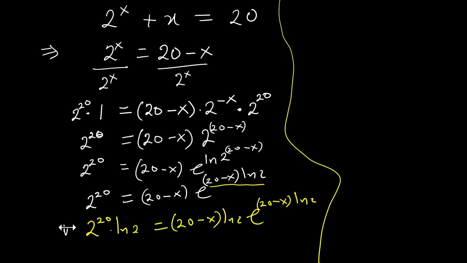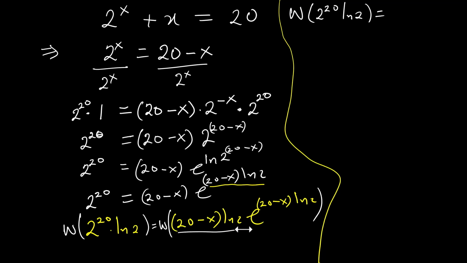So we can go ahead and take the Lambert W function on both sides. My left hand side will be the W function of 2 raised to 20 ln of 2 equals, so when you take the Lambert W function, we have what is here, then what is there. So we have 20 minus x ln of 2.